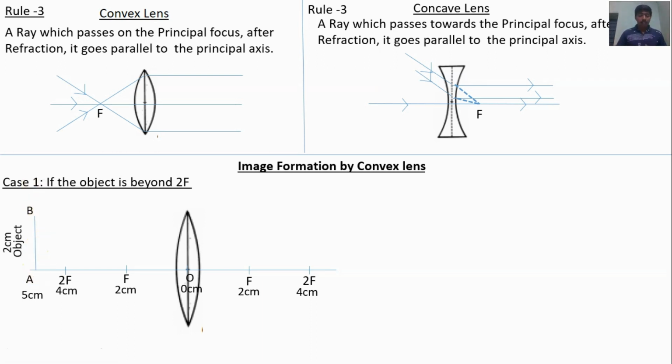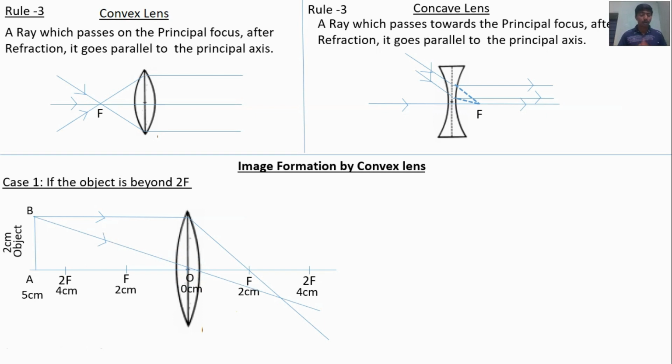We know rule 2 and rule 1. By rule 2, if the ray passes parallel to the principal axis, after refraction it goes towards the principal focus. Just apply rule 2 and apply rule 1. Rule 1 means if the light beam passes through the optic center, it goes straight without any deflection.